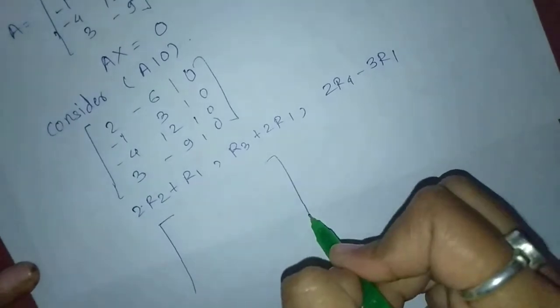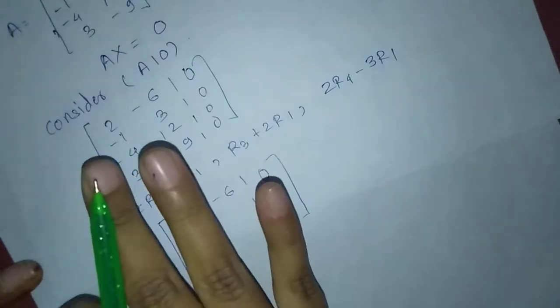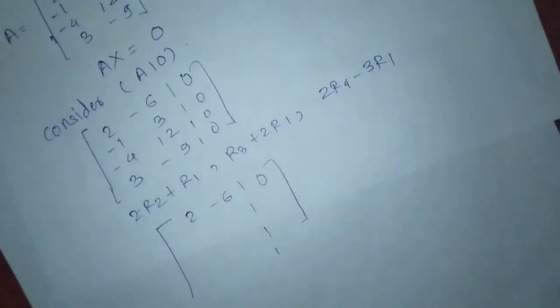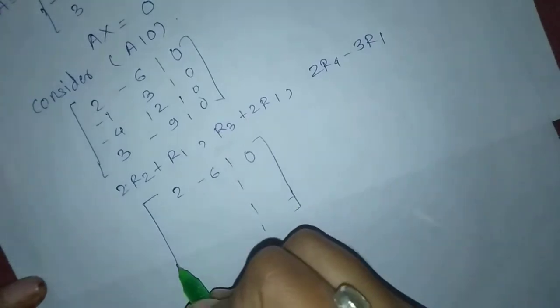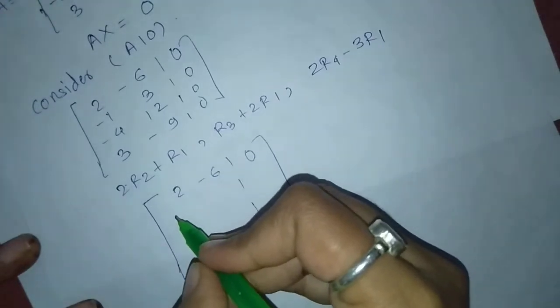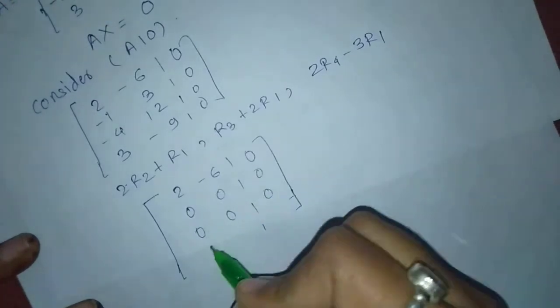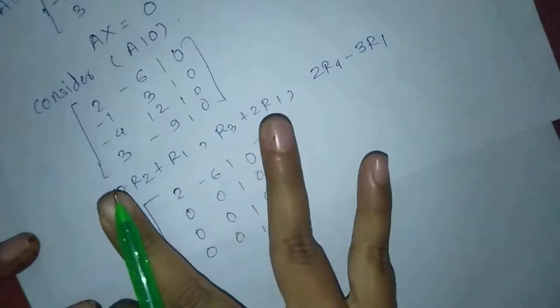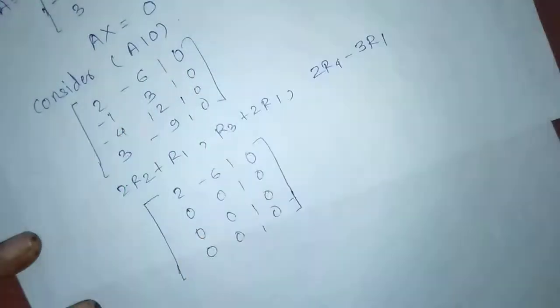The first row stays as it is, 2, minus 6, 0, and the next three rows change into rows of all zeros by applying these three row operations on the second, third and fourth rows.